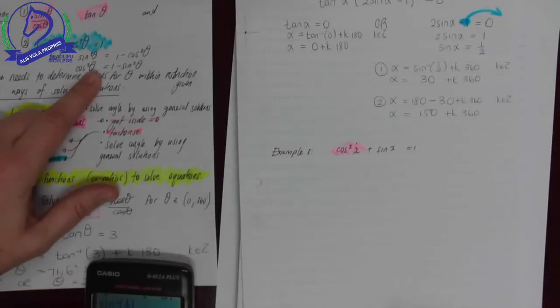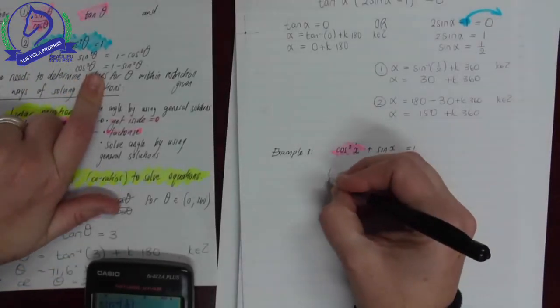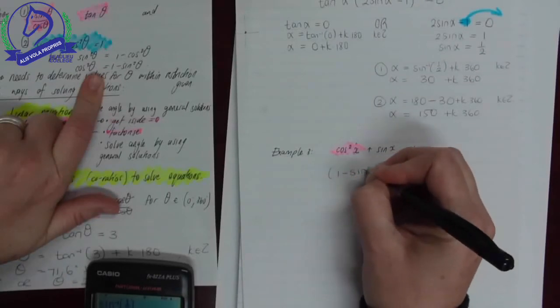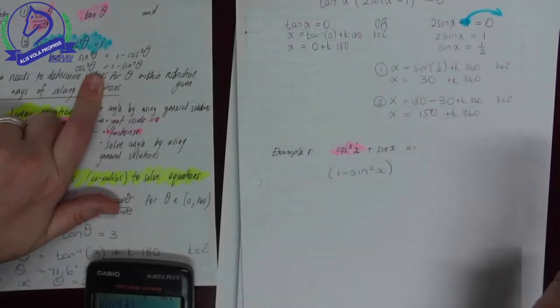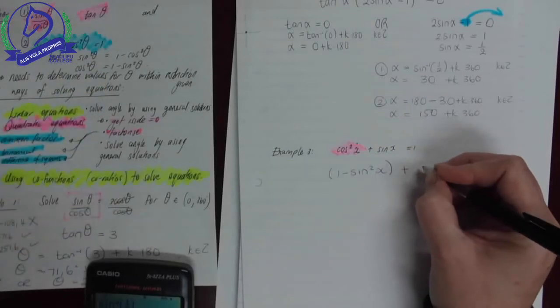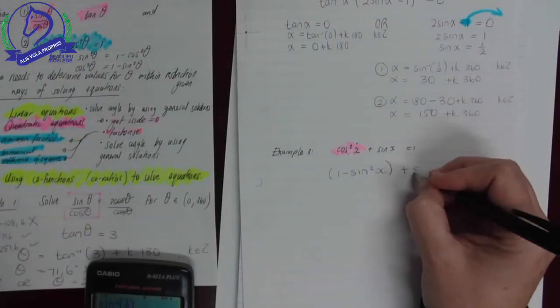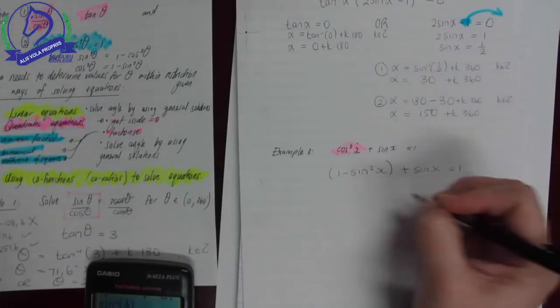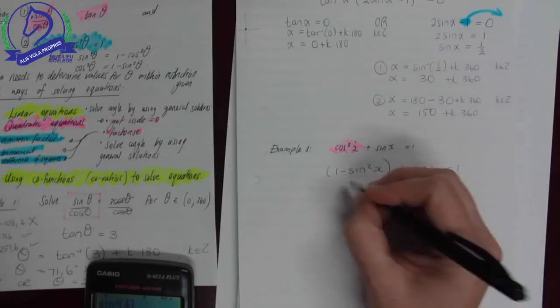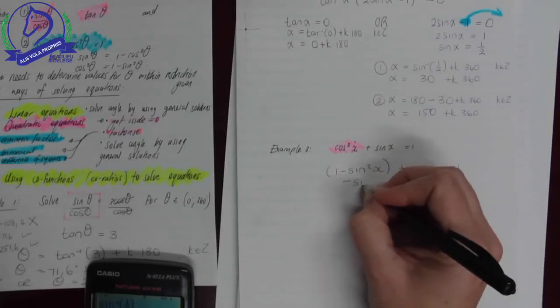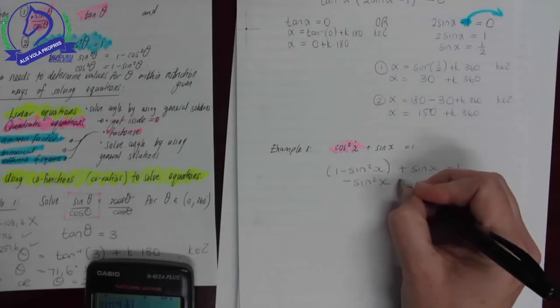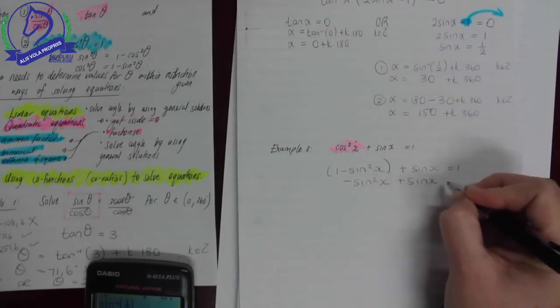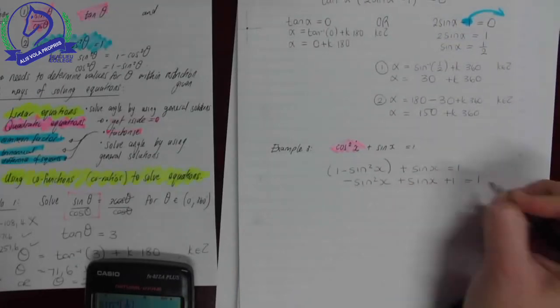Because I know from my identities that I can write cos squared x as 1 minus sine squared x, plus sine x equals 1. So the brackets is not necessary, but I can just take them out, and then I will have this plus 1 equals 1.